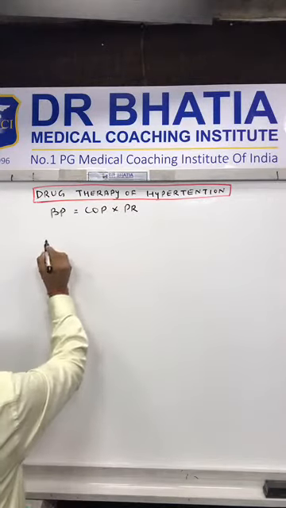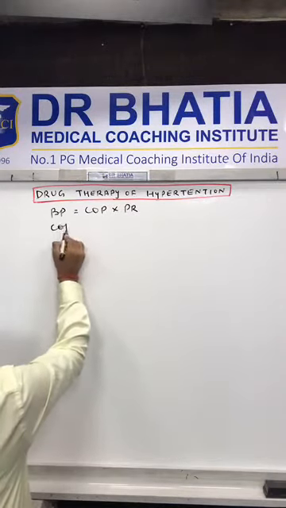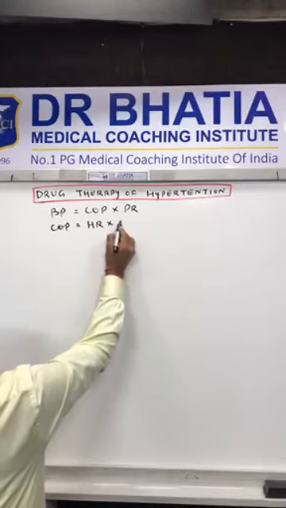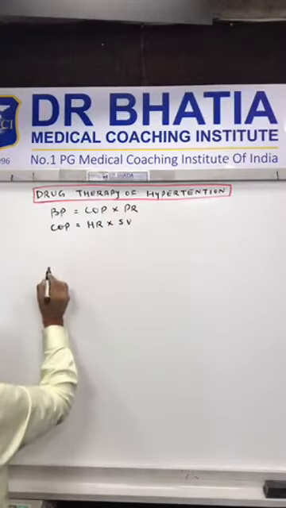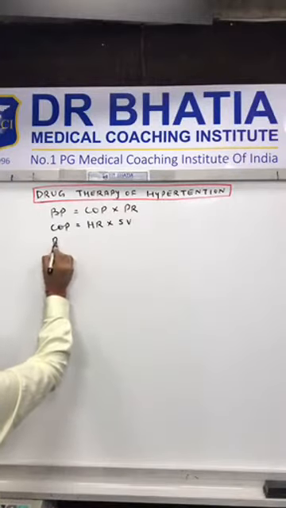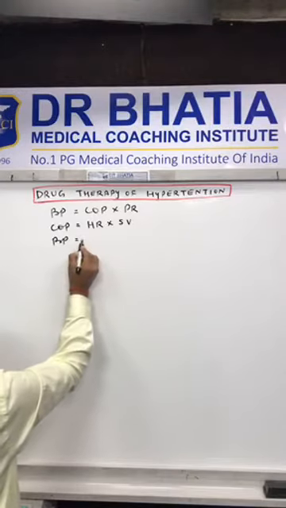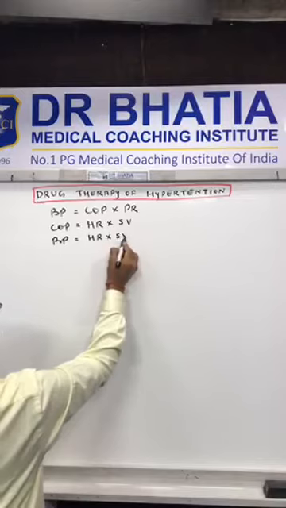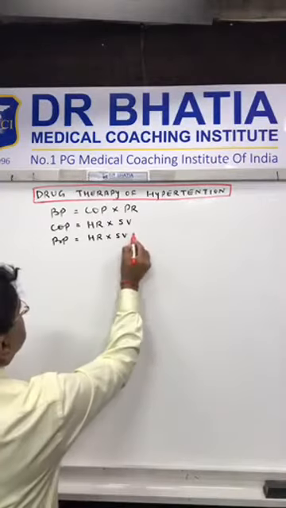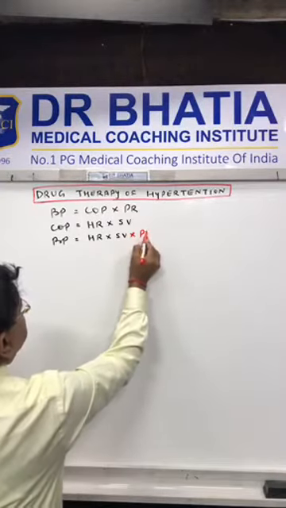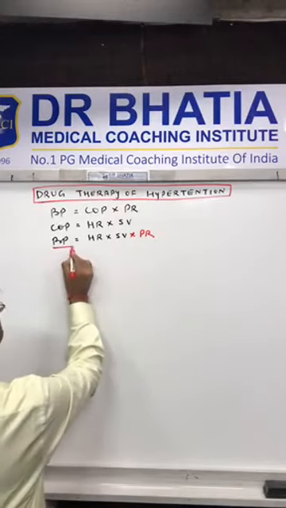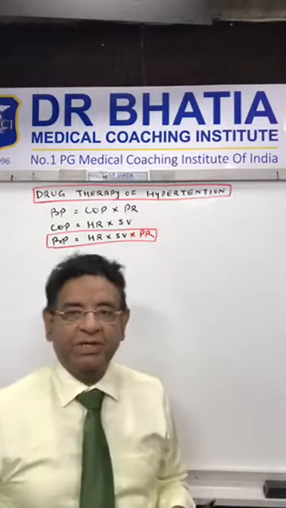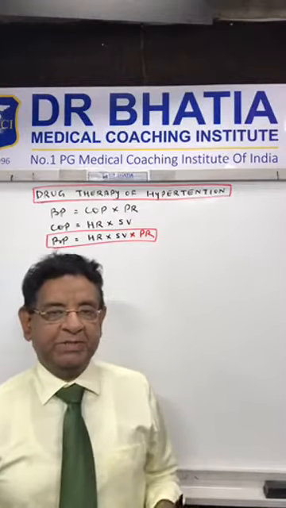And we know very well that the cardiac output is equal to heart rate multiplied by stroke volume. It means BP is equal to heart rate multiplied by stroke volume multiplied by peripheral resistance. This is the basic physiology of hypertension.